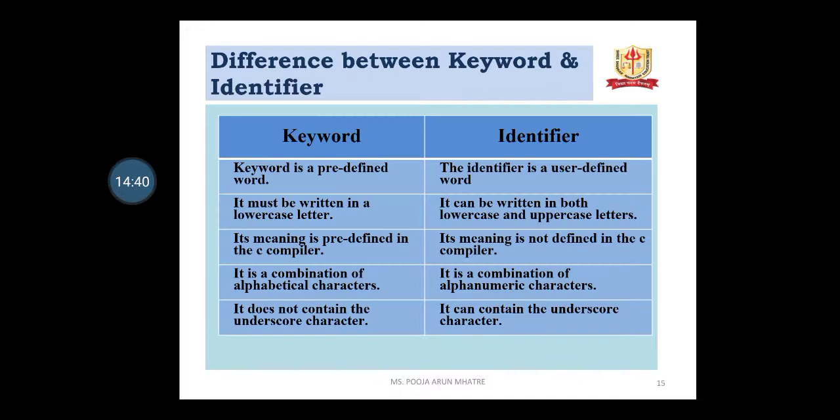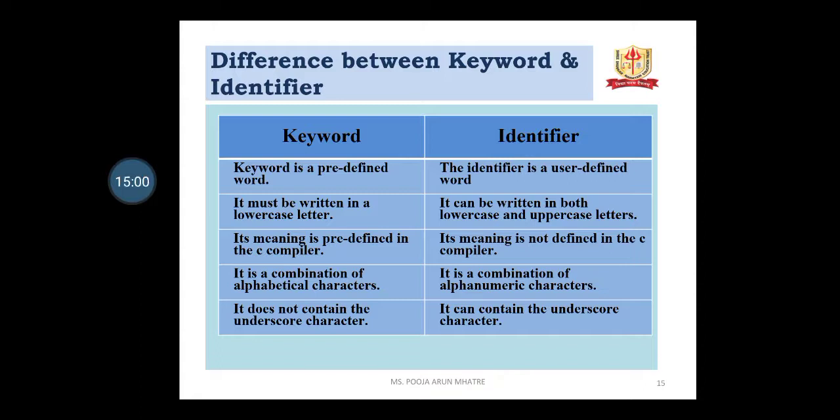Then the difference between keyword and identifier. The keyword is a predefined word, and the identifier is a user defined word. Keyword must be written in lowercase only, and the identifier can be written in both lowercase and uppercase.